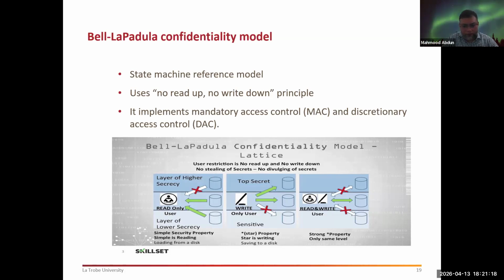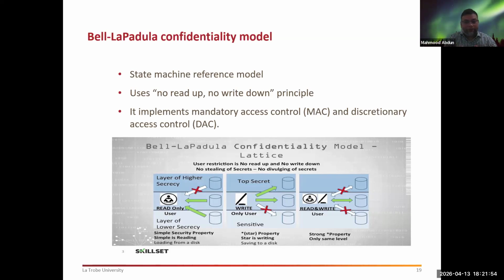Now, it also has a star property, which can be applied a little bit more strictly. The star property prevents anyone from writing down to a lower level below them. Why does it prevent writing down, but allow writing up? What I mentioned before, reading from the same level and below, is still applicable here.